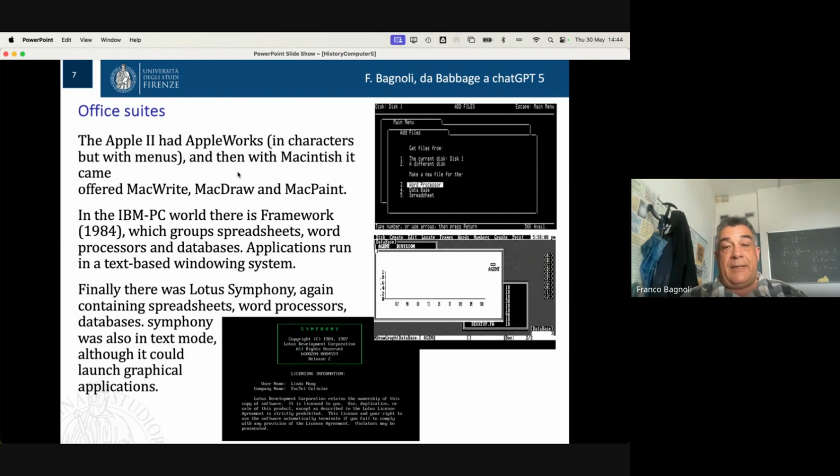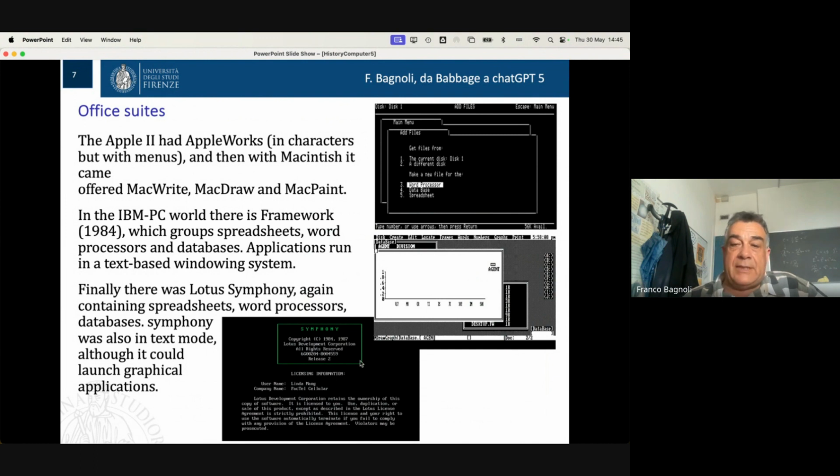The Apple II had AppleWorks, clearly using a character interface, but Macintosh had graphics, so MacWrite, MacDraw, MacPaint, while, for instance, in the PC world, again using a character interface, there were essentially business applications like Framework, which was including a spreadsheet, a text editor, and database.